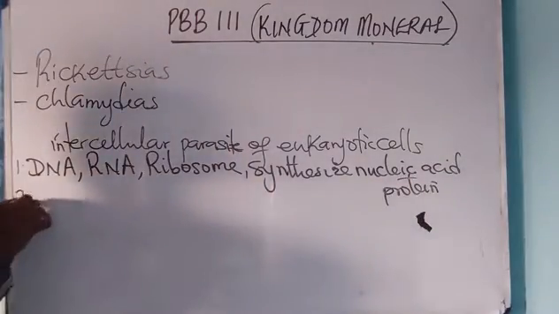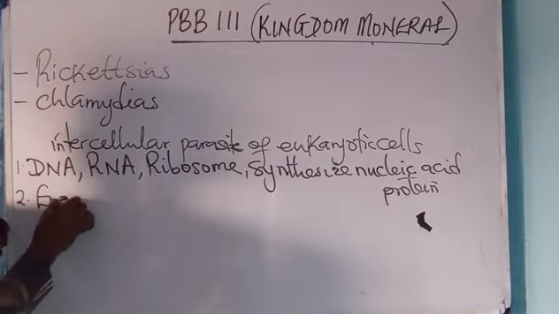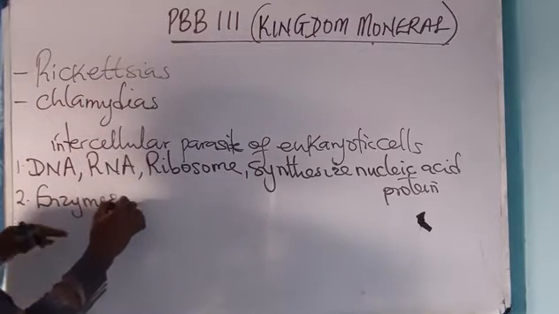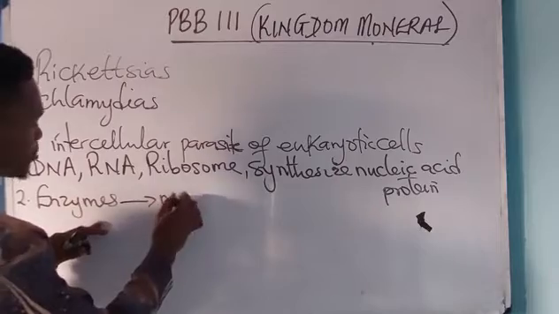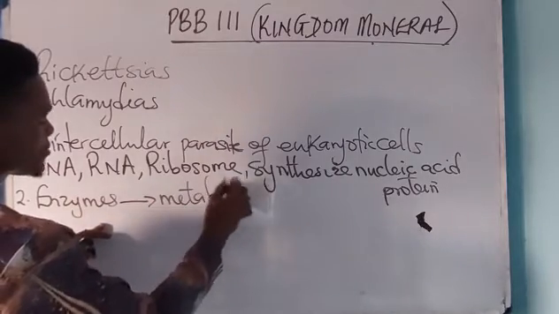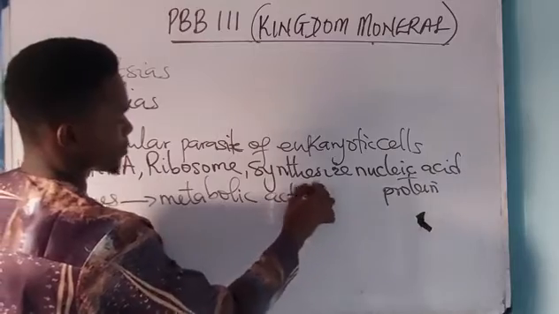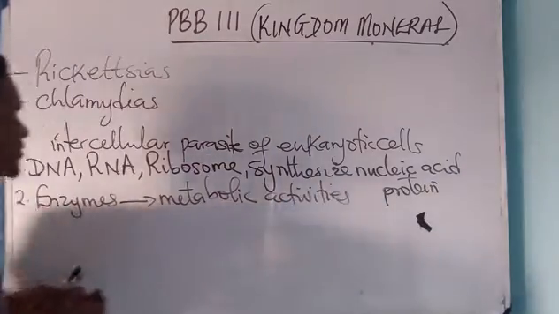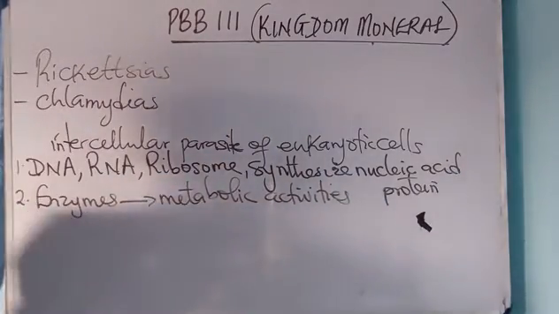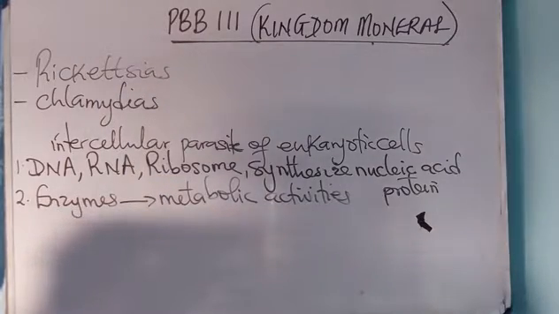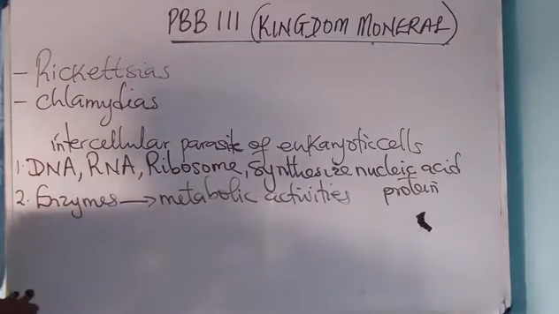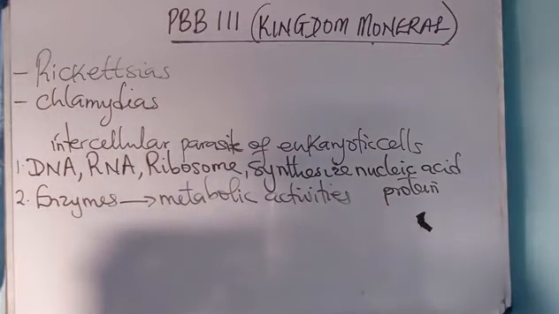That is not just it. They also have enzymes that make them carry out their metabolic activities. These guys are very peculiar. They are very, very special because these features are absent in other bacteria. And again, they depend on the host for what?